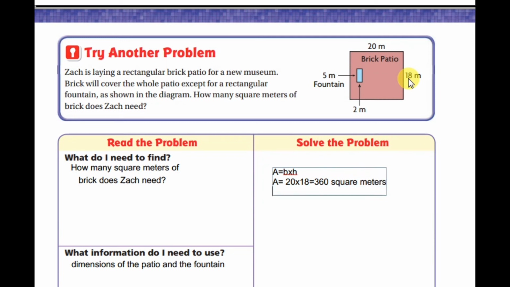Okay, so the next area is the area of the fountain. The area of the fountain has the same formula, B times H. So again, the area of the fountain will be B here is 2 times H is 5. So this would equal 10.